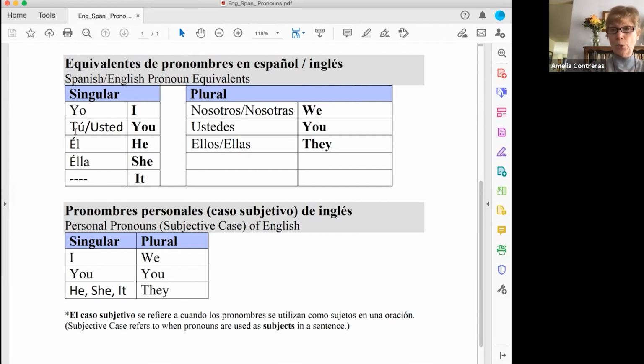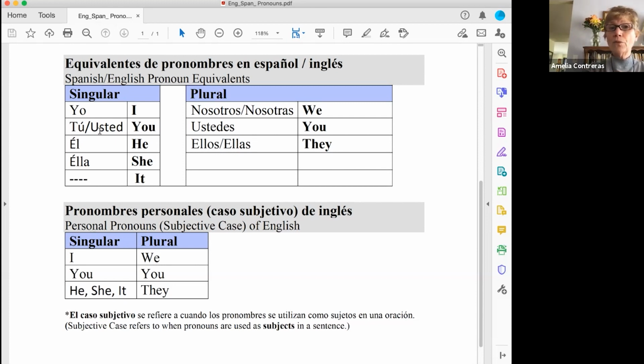It's just you. Él is equivalent to he, ella equivalent to she, and in Spanish, you have no word for the pronoun it as a subject. You don't create your sentences in that way. You have pronouns for it, but not as a subject, and we'll understand that as we go along.